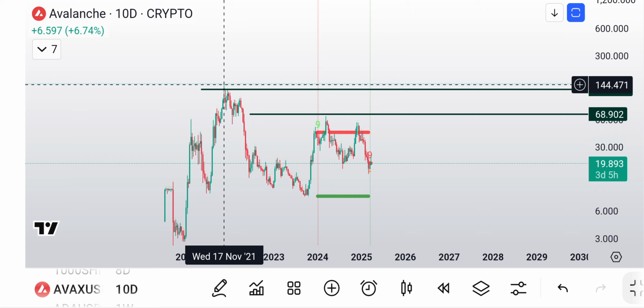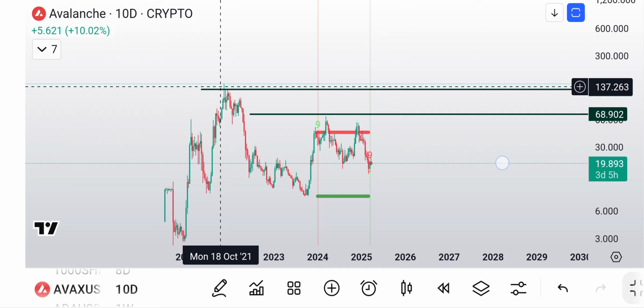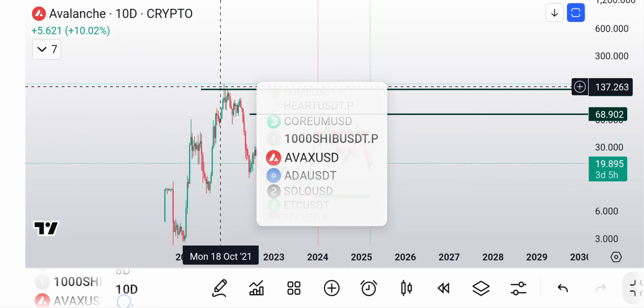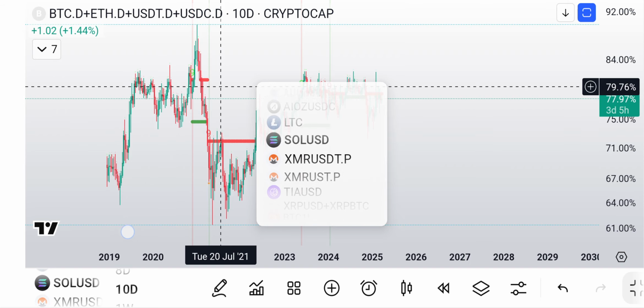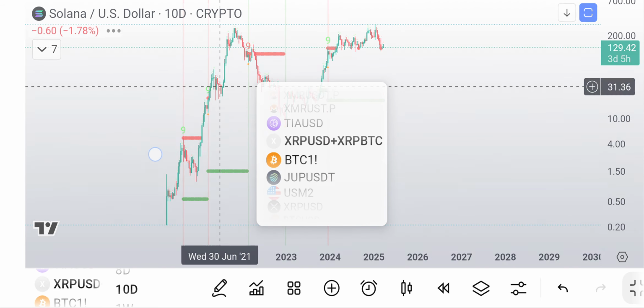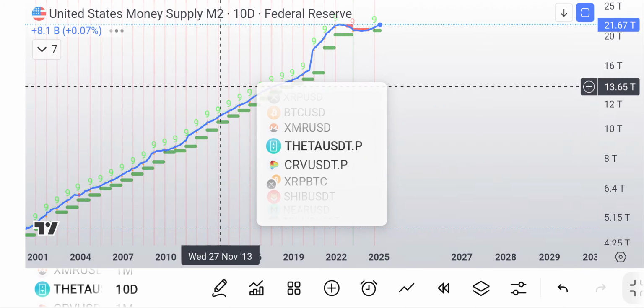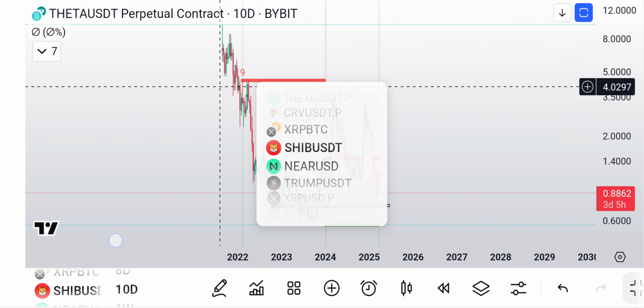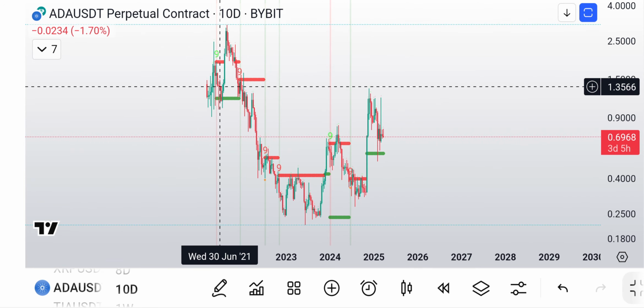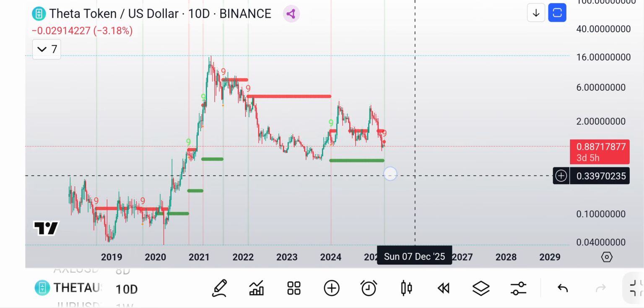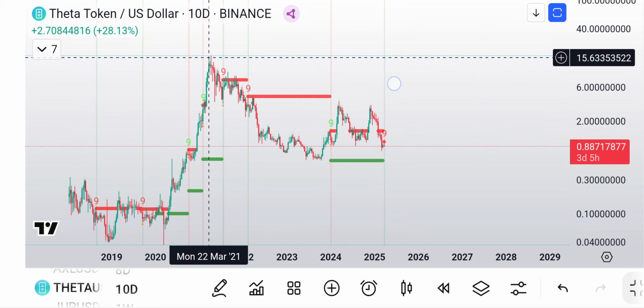Maybe AVAX was different. November 2021. I could have sworn it was. Yeah, so November, that was November, but this is April of 2021.